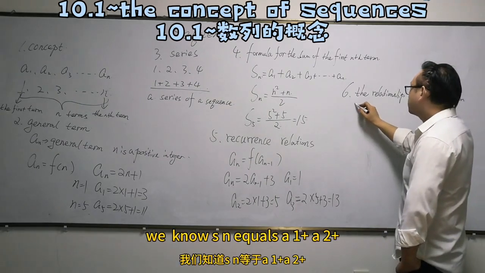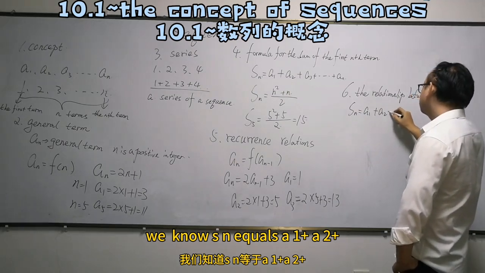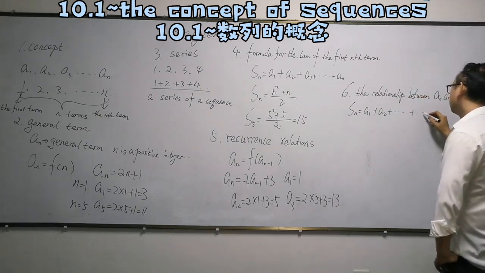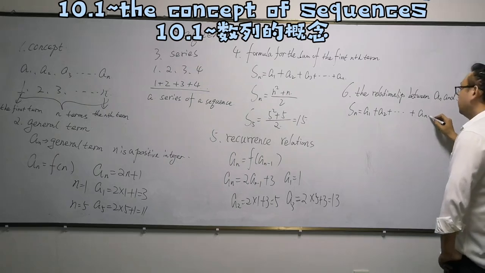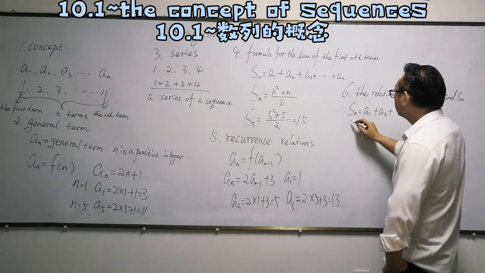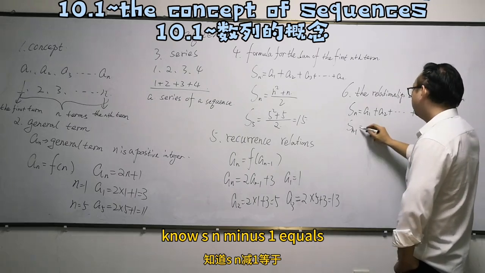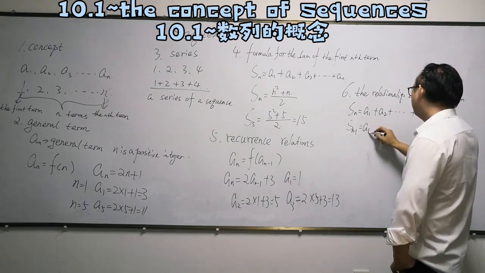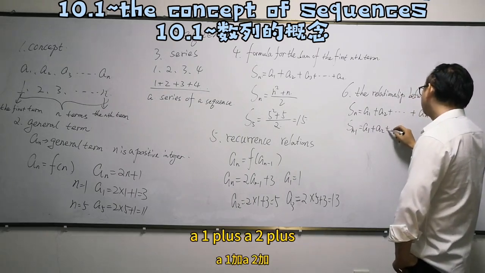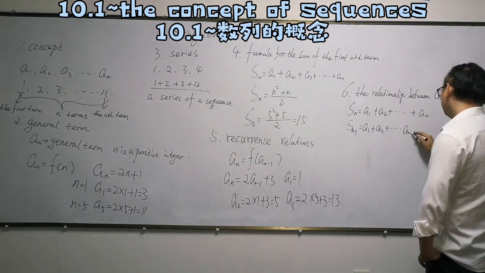We know Sn equals A1 plus A2 plus up to An. So we also know Sn minus 1 equals A1 plus A2 plus up to An minus 1.